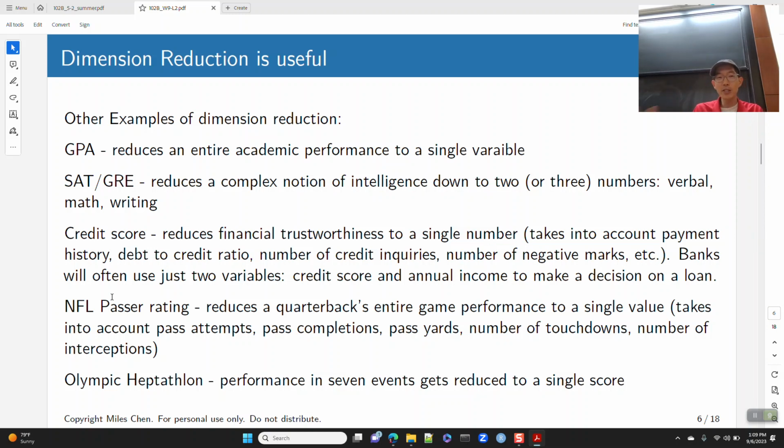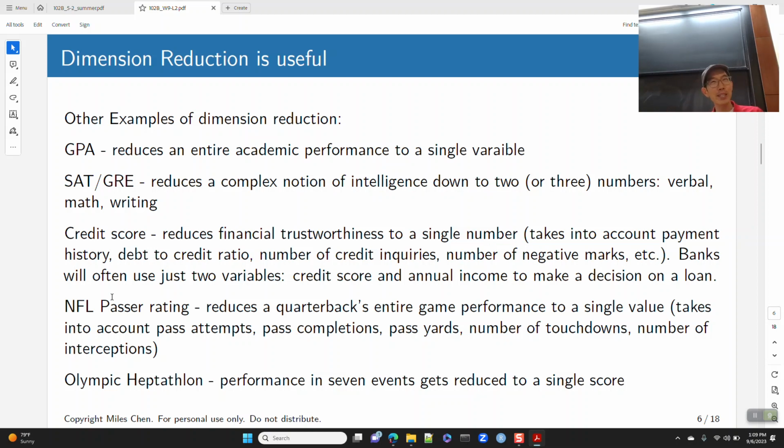Take your SAT scores, which I guess are optional now, but I think a lot of people still take SAT exams. It tries to boil something as complicated as intelligence down to maybe 2 numbers, a math reasoning and a verbal reasoning.